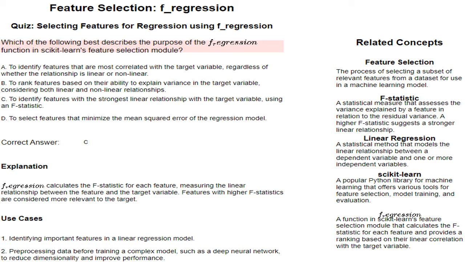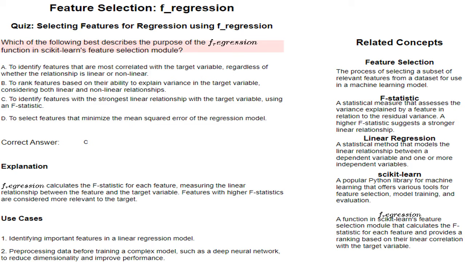B. To rank features based on their ability to explain variance in the target variable, considering both linear and nonlinear relationships. C. To identify features with the strongest linear relationship with the target variable, using an F-statistic. D. To select features that minimize the mean squared error of the regression model.